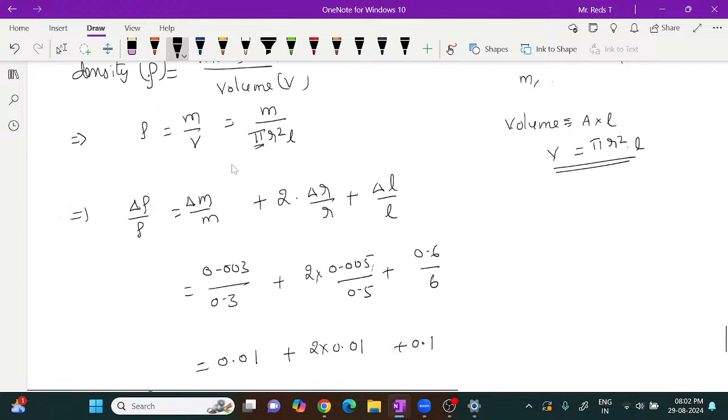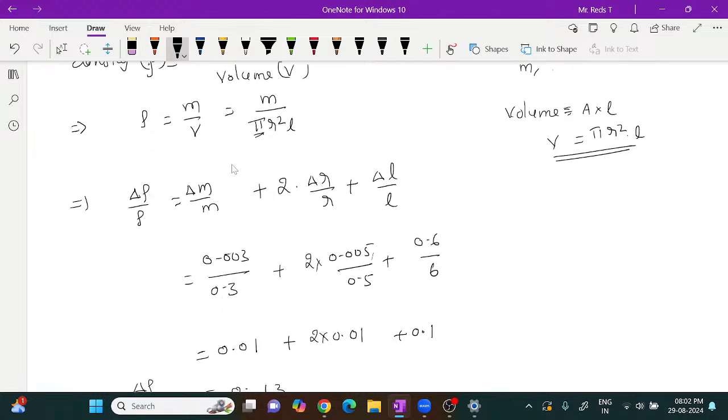How to cross check if you have taken any values differently or not. Volume is area into L, pi r square L. Yes, correct only.